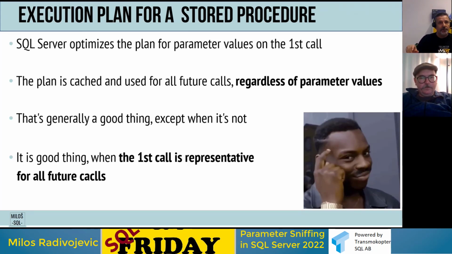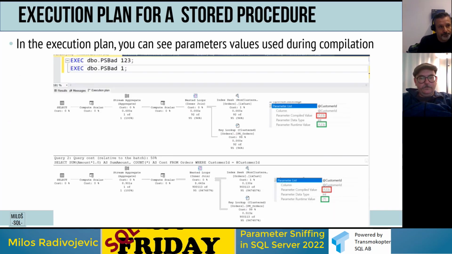Regardless of parameter values, you have a plan for this stored procedure, and I will use it. And this is not a bad thing by default, but sometimes it could be a problem. Parameter sniffing is a good thing when the first call is representative for all future calls. Then you're good with parameter sniffing.